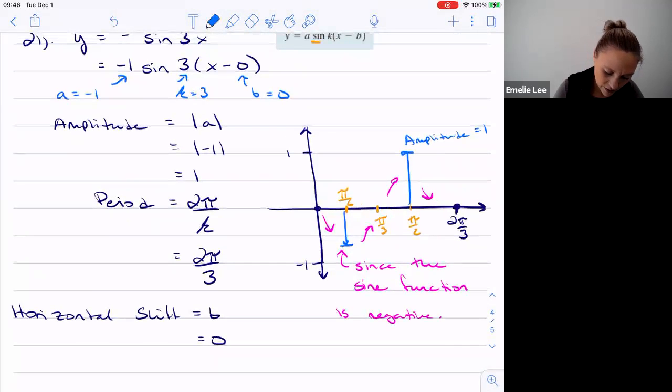Let's do one, but we're not going to sketch these because I'm not going to make you sketch on a test. If you're sketching in real life, you'll have Desmos, so I just don't really see the point.